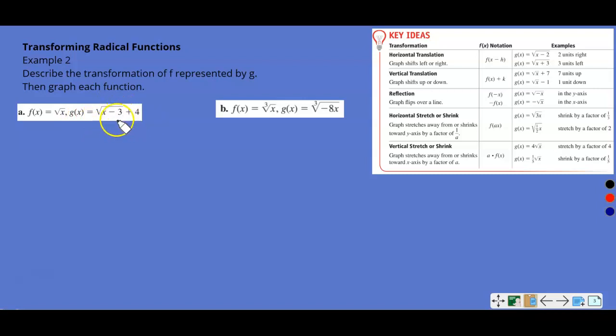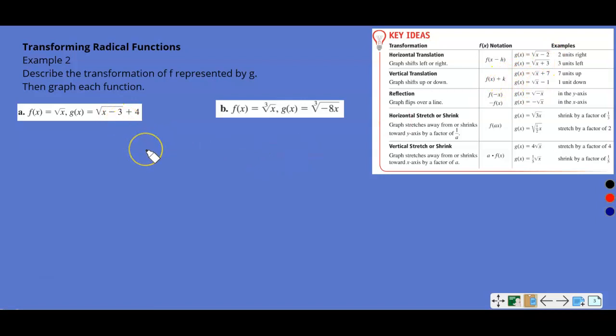So remember, the number underneath the radical, that is your horizontal translation. That's your h value. And then this number is your k value. That's your vertical translation. So if you look over here, this is very similar to what we've had before. Horizontal is your h, and your vertical translation is k.